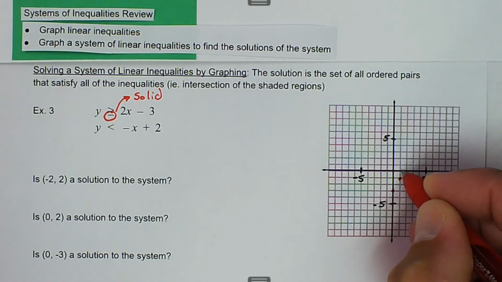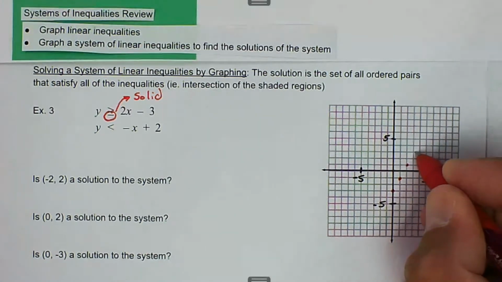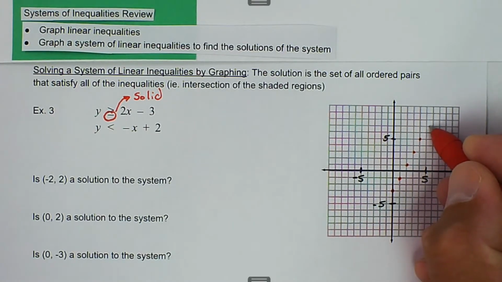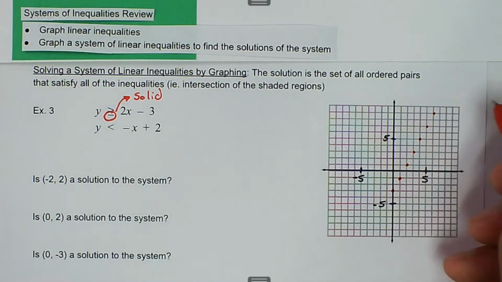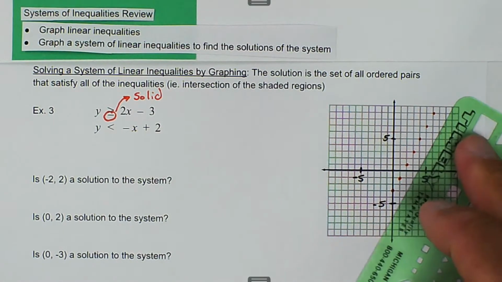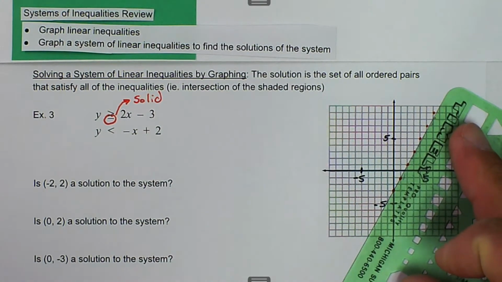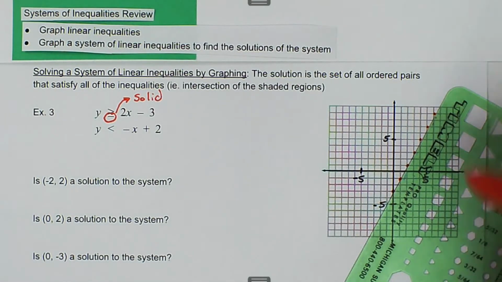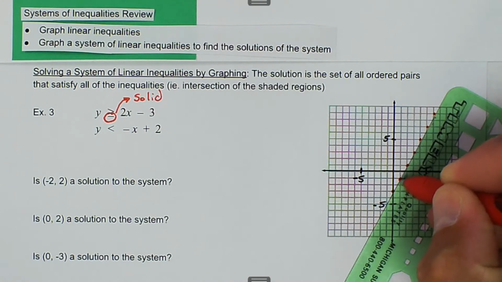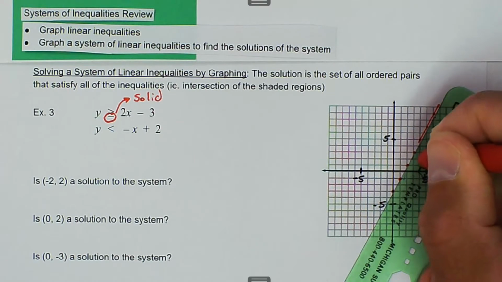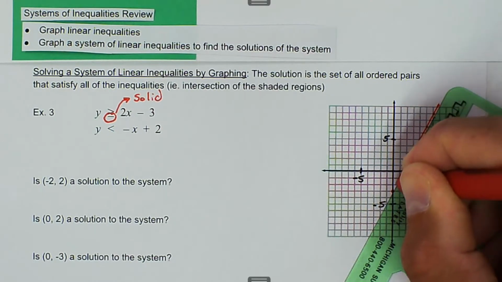Up 2 over 1, repeated. I do that just to make sure that I have some points that are far apart when I put my straight edge on, to make sure that I'm drawing lines that go through the correct intersection of the grid. Because sometimes if we use points that are too close together, we get off towards the end of our lines. And this is going to be a solid line.